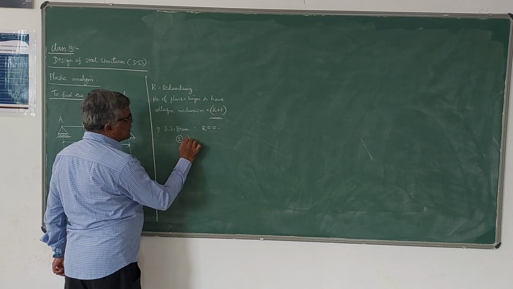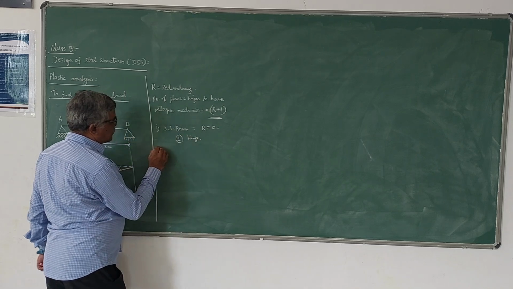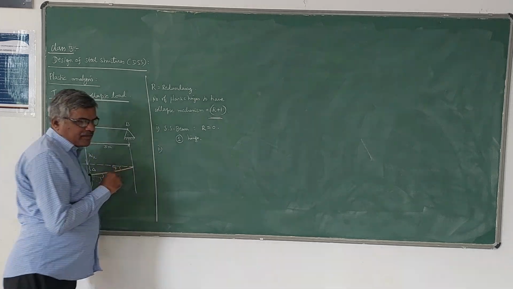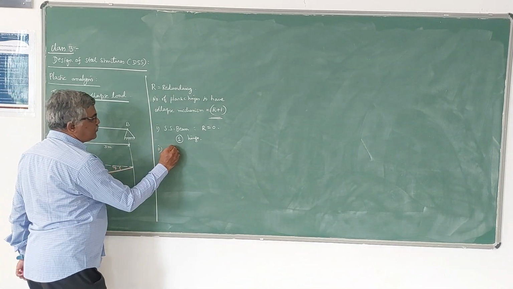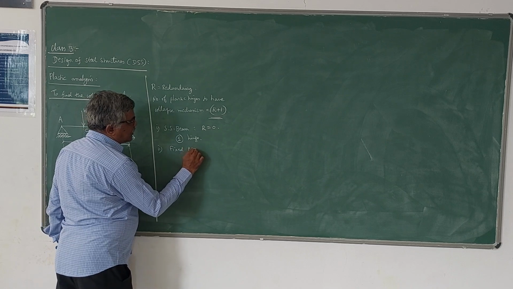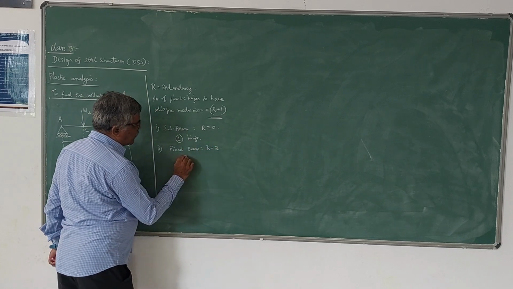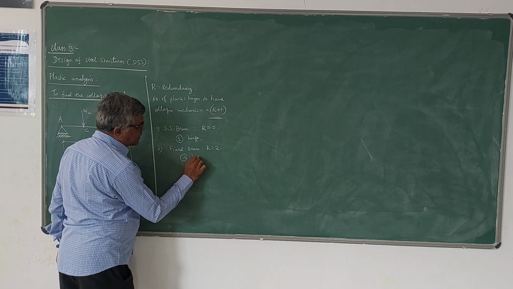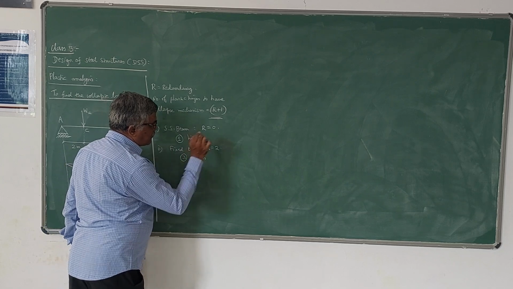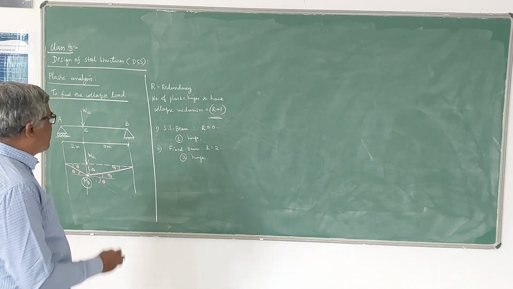One hinge is enough to form a collapse mechanism. In the case of a fixed beam, the redundancy is 2. Therefore, you require 2 plus 1, that is 3 hinges, to be formed to have the collapse mechanism in the case of a fixed beam.